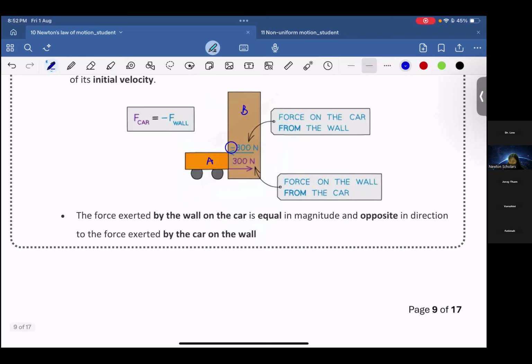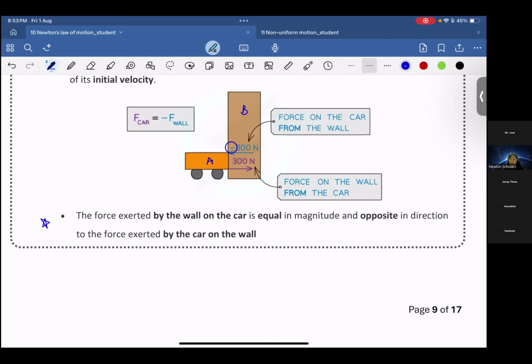Okay, here I want to make a star. In past years, when we go through more and more past year questions, we'll find that they like to ask you to explain. If they involve Newton's third law, this is a very important sentence.